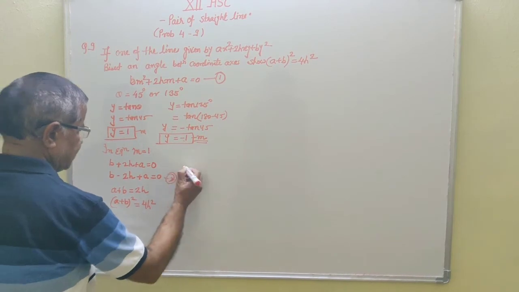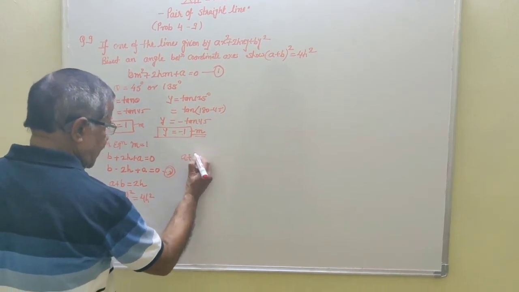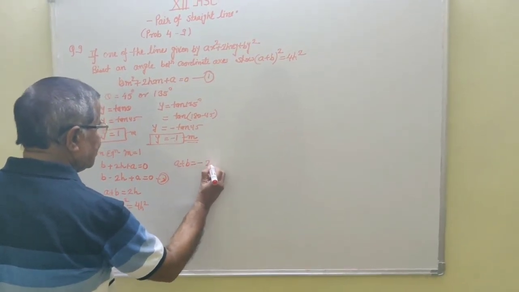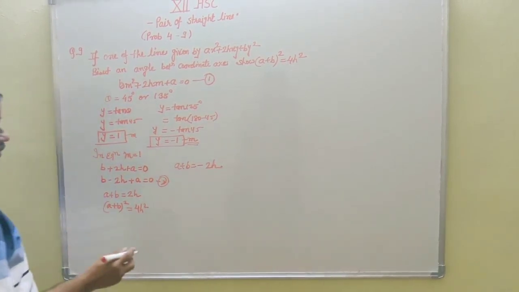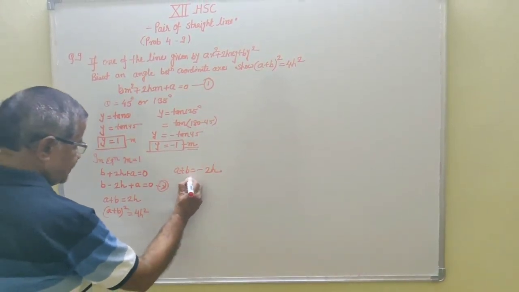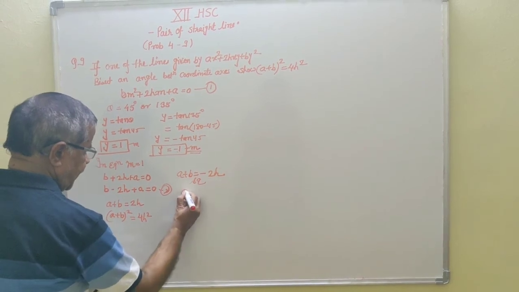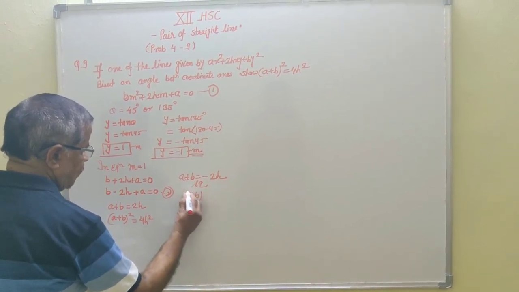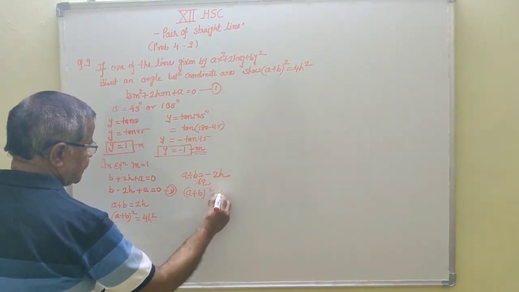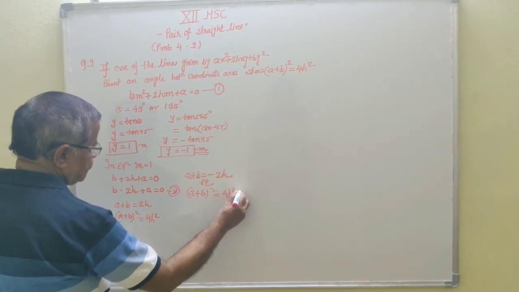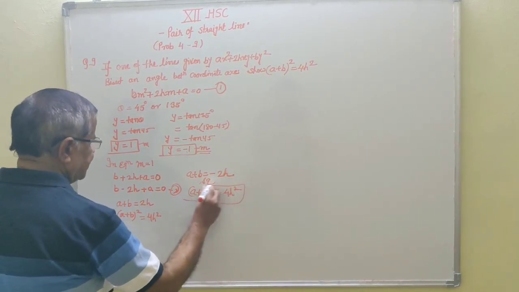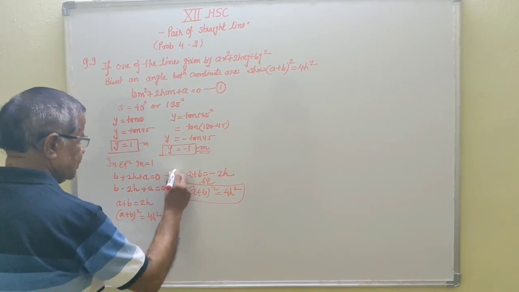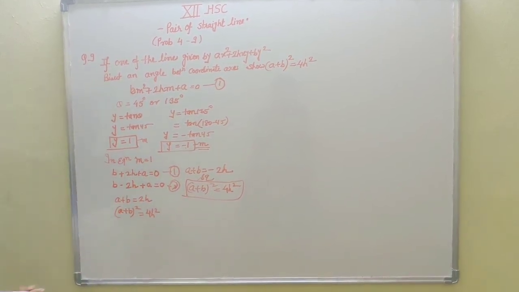Now for the first equation, I can write a + b = -2h. By squaring, (a + b)² = 4h², which means you will get the answer for the first equation also. Do you understand this one?